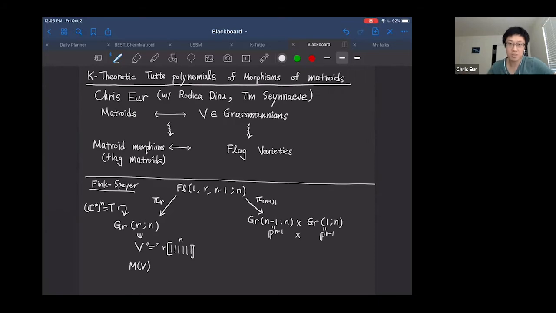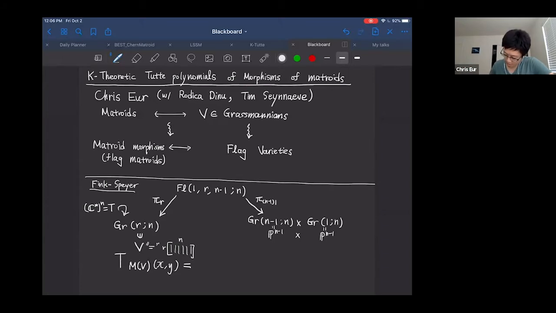So the independent subsets of this matroid are exactly the linearly independent subsets of these columns. So you have this matroid. And the question was, how can I express the Tutte polynomial of this matroid in some geometric way? Can I see the Tutte polynomial geometrically? We had many different combinatorial descriptions for it. And it turns out there's a really beautiful answer.